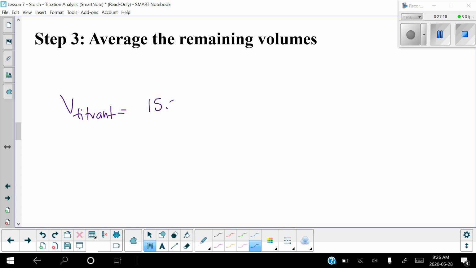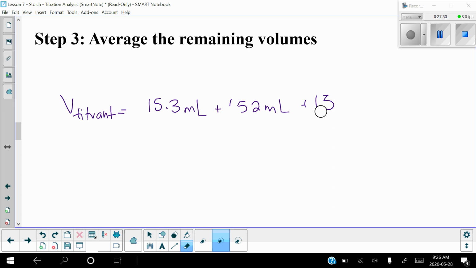So 15.3 milliliters plus 15.2 milliliters plus 15.2.